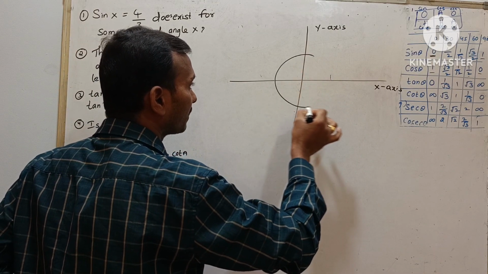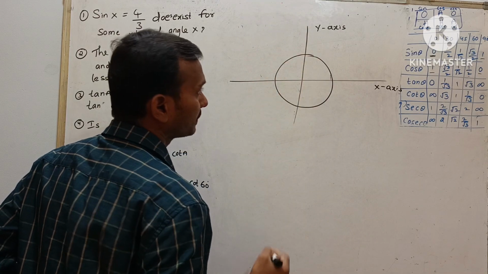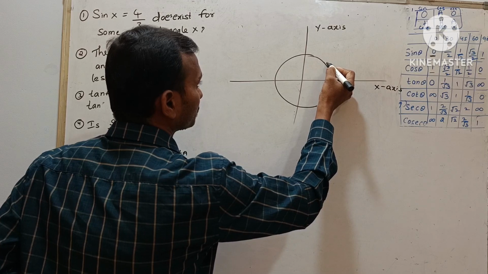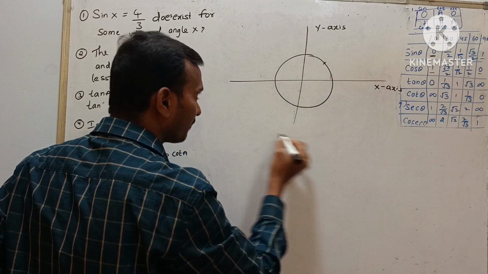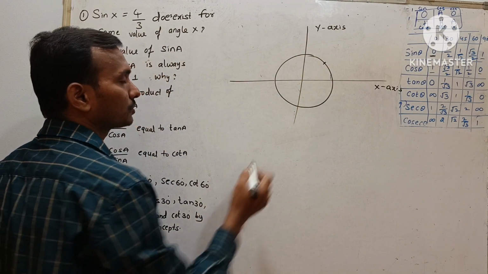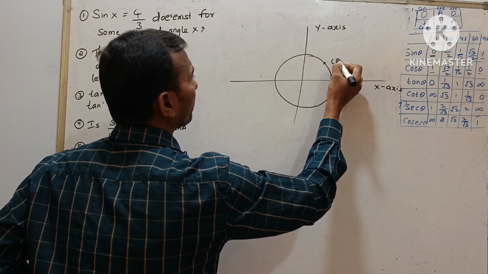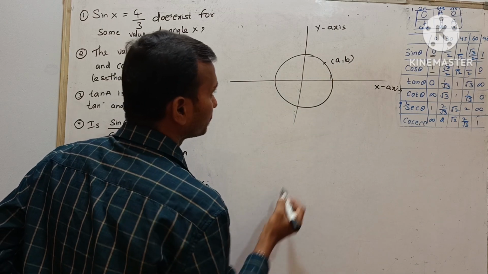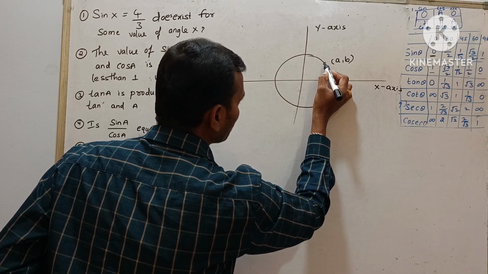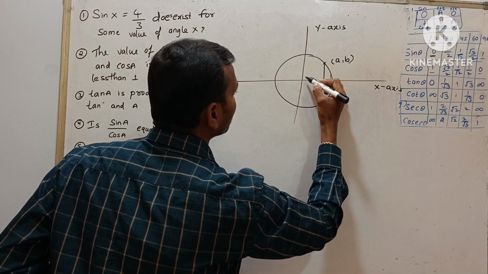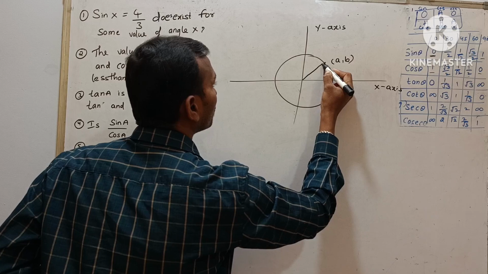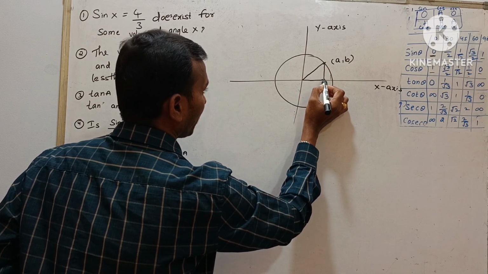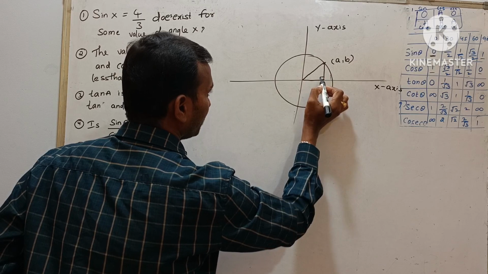So now we are drawing a circle with 1 centimeter radius. After that, take a point on the circumference of the circle. Let the point be (a, b). Now we join like this. This will make a right angle here.